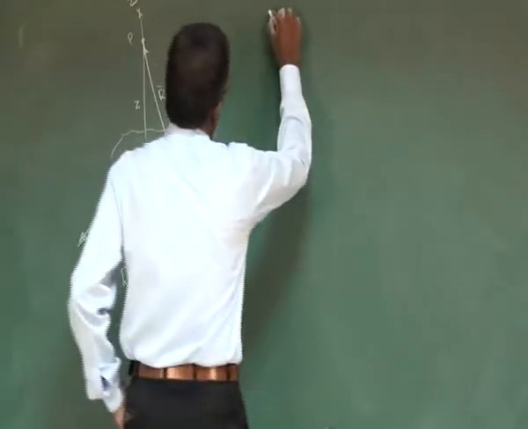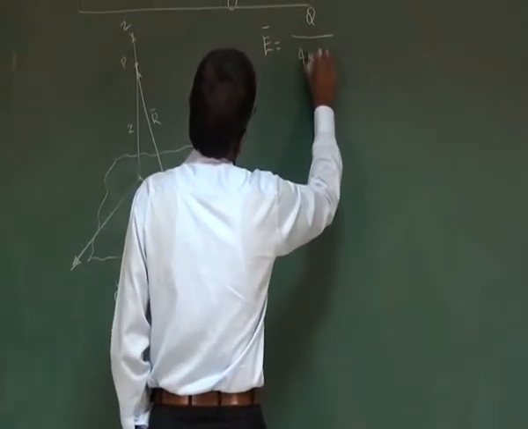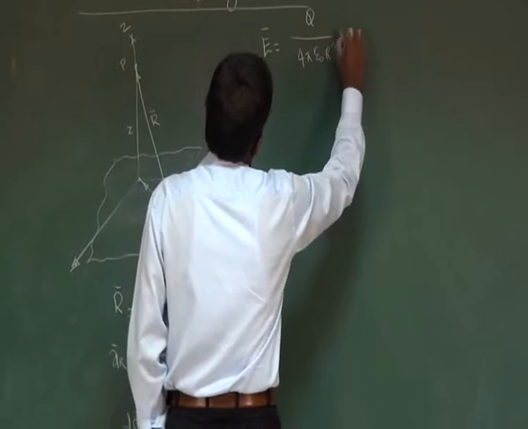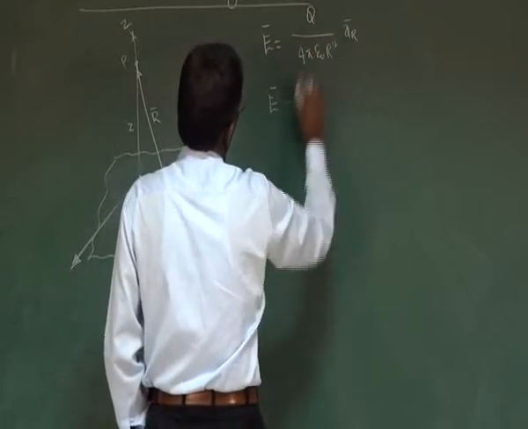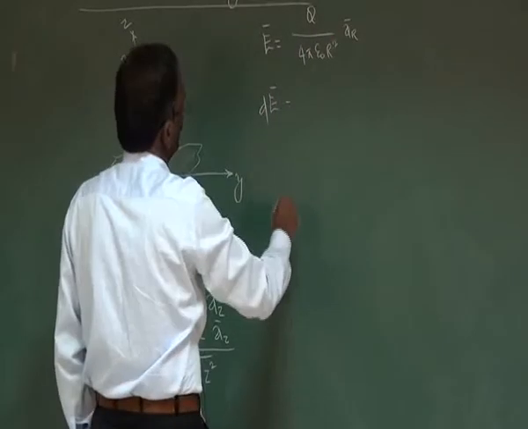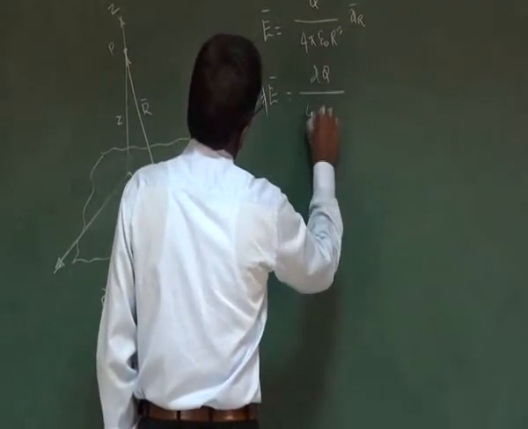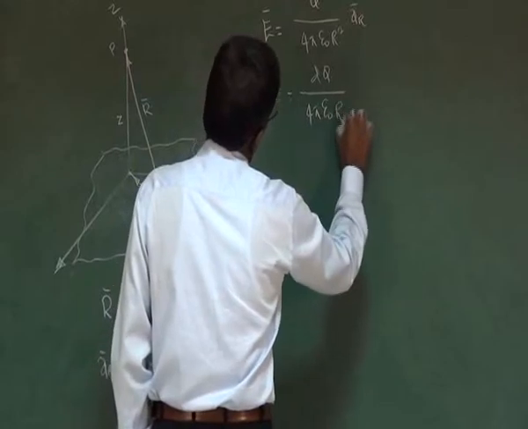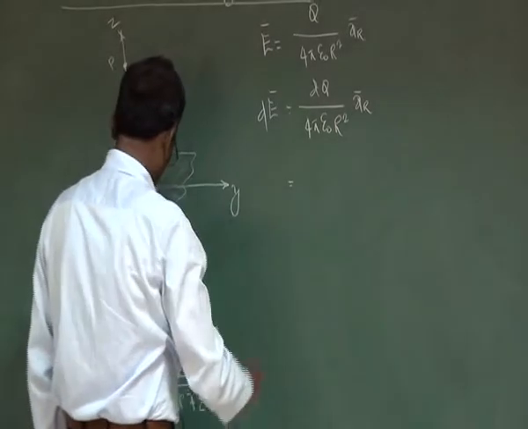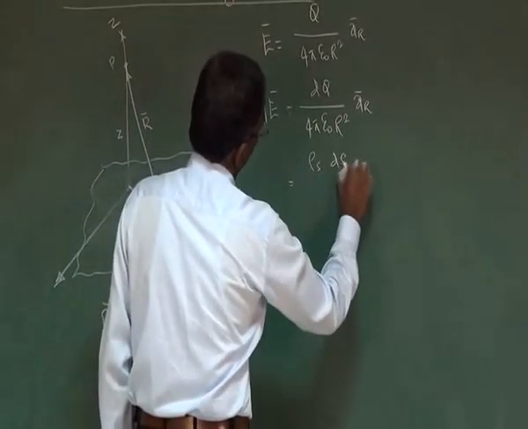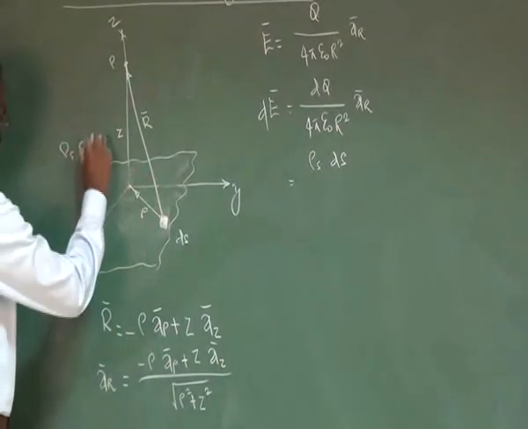Right. From the fundamentals, I will write what is E bar, q divided by as usual 4 pi epsilon O r square a r bar. Then this q, it is dE bar, differential E is equal to dq divided by 4 pi epsilon O r square a r bar. dq is written as rho s ds, surface charge density, rho s coulomb per meter square.